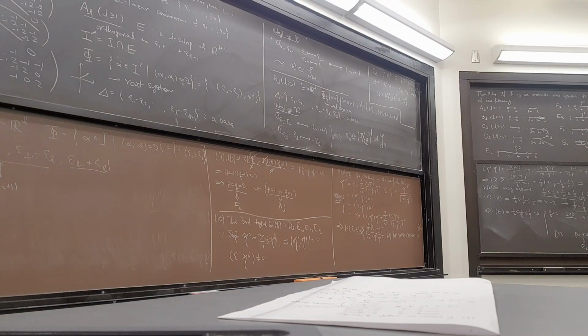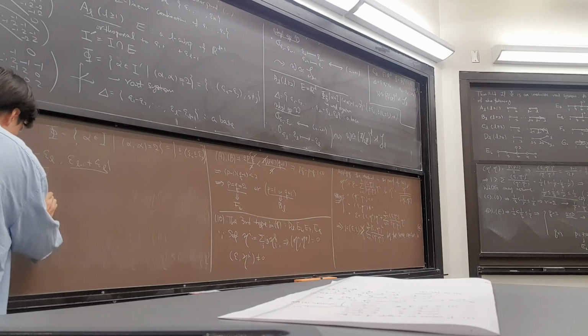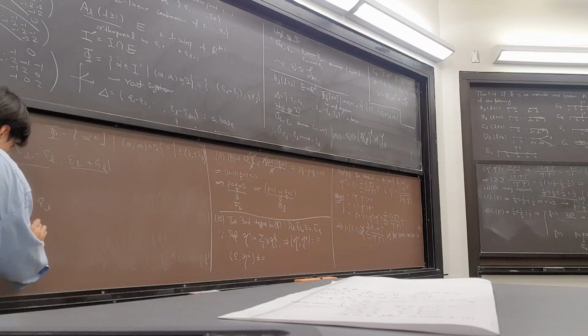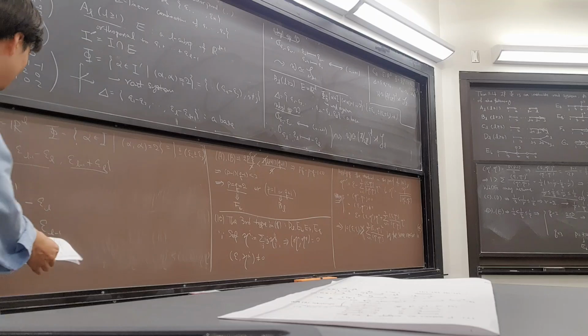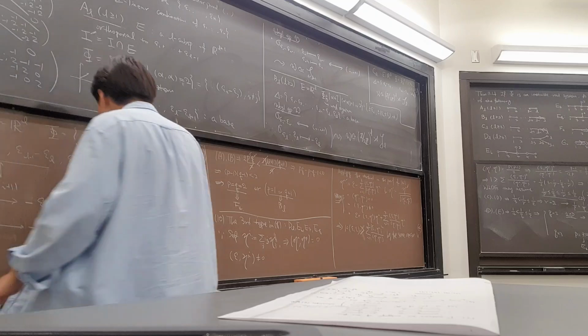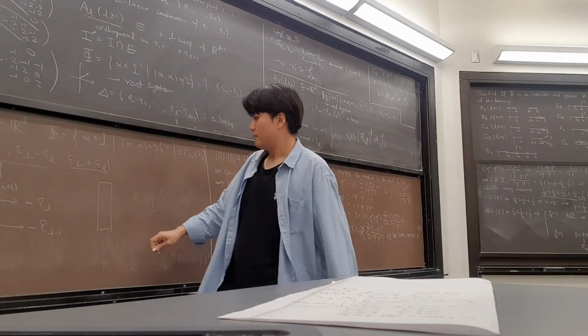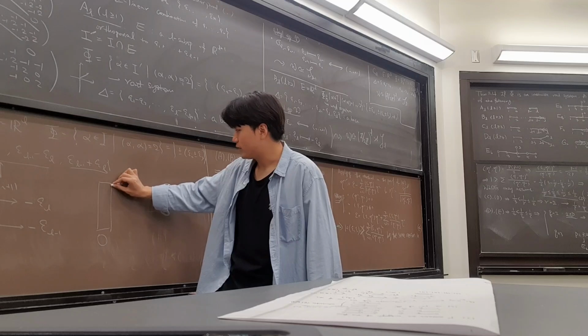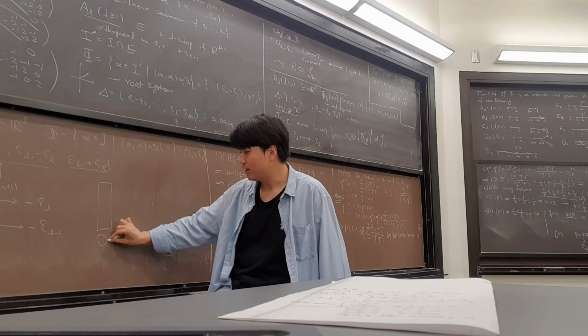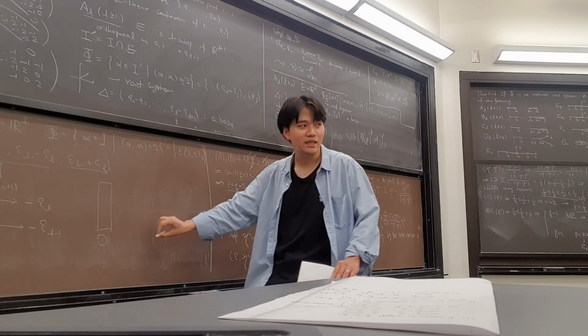So the reflection in epsilon_{l-1} plus epsilon_l sends epsilon_{l-1} to negative epsilon_l, and epsilon_l to negative epsilon_{l-1}. So there are two negative signs. So there can only be an even number of negative signs. If there is an odd number of negative signs among the first l minus 1, the last one should definitely be a negative sign, right?